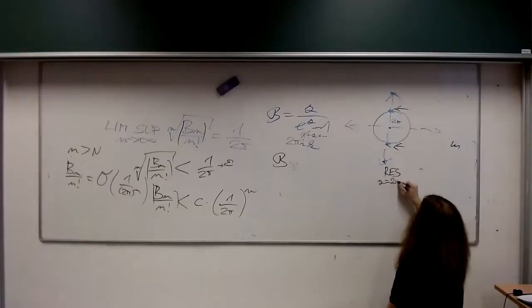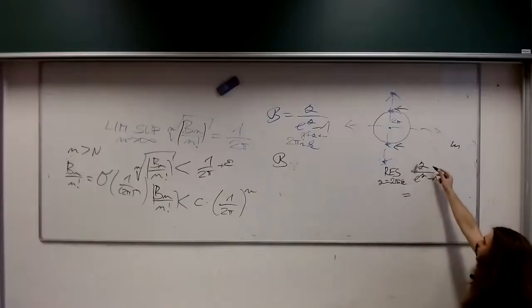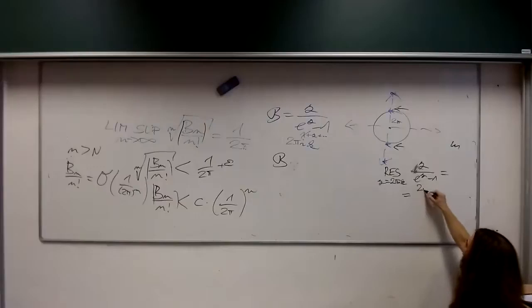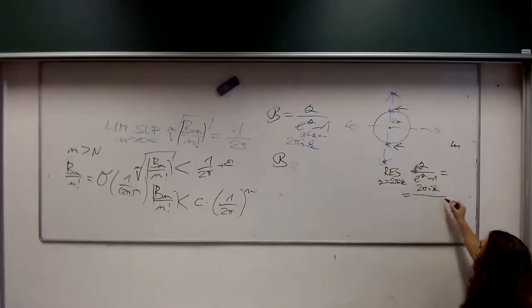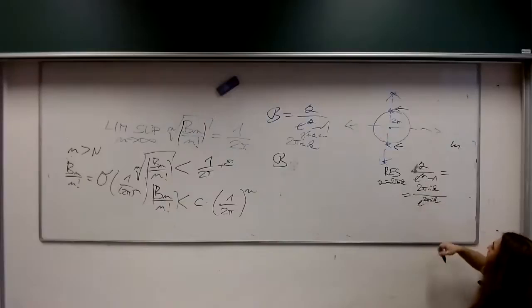in 2 pi i k, the z just stays and we can plug in, and here we take a derivative and plug into the derivative.